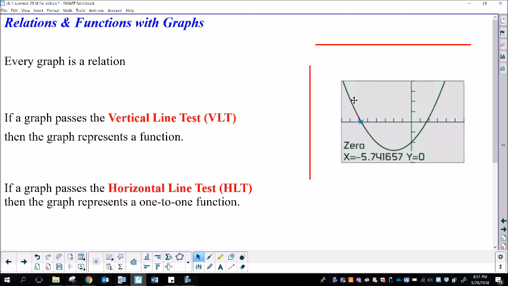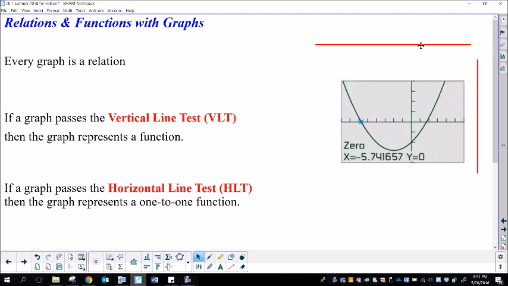So this graph that we have over here is a relation because every graph is a relation. If we pass the vertical line through this graph, we can see that there is no place where the vertical line intersects the graph in more than one spot. So it passes the vertical line test and would therefore be a function.